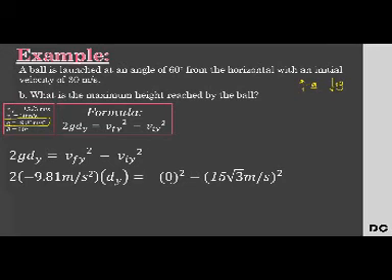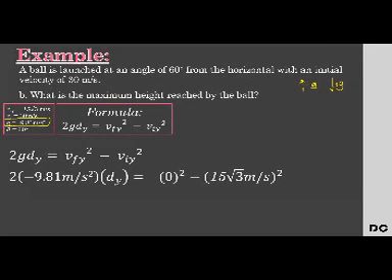is 0. Sir, why is it 0? As I said earlier, if the object reaches the maximum height, the final velocity is equal to 0. Why?